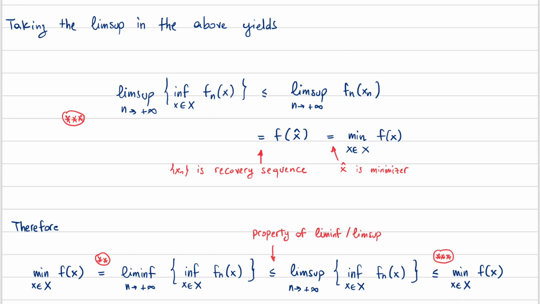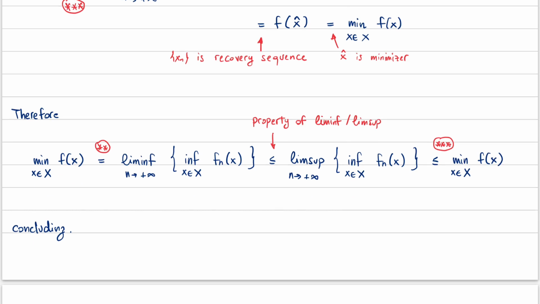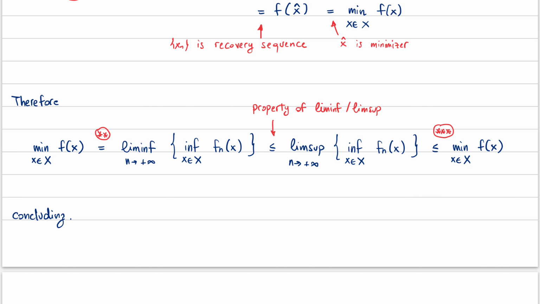which if we put them together, just to summarize things, actually the thesis now is trivial, but this is just to summarize. So the minimum of the gamma limit over the whole space by double star is equal to the lim inf of the infimums. Obviously lim inf is less or equal than lim sup by obvious properties of lim inf and lim sup, and this last inequality instead is by 3.